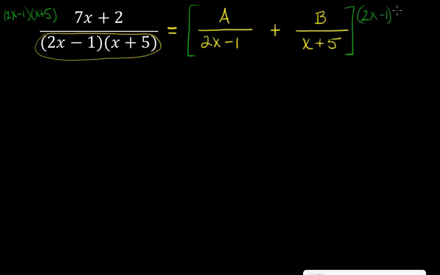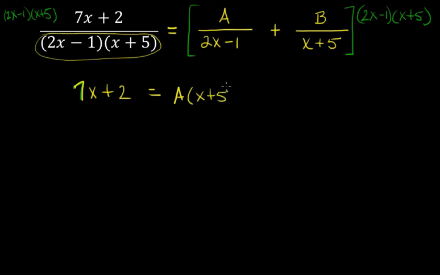As we multiply here, of course, all factors in the denominator cancel, and we have 7x plus 2 is equal to, using our distributive property, A times x plus 5, since the 2x minus 1 cancels.